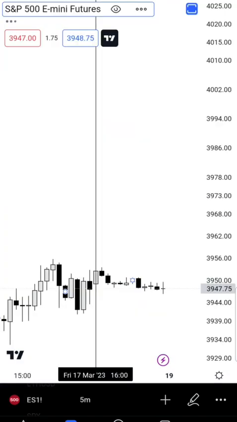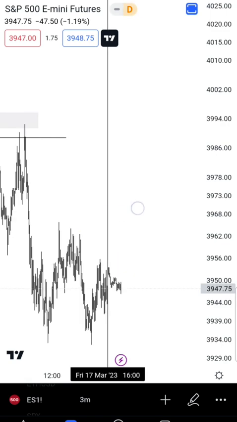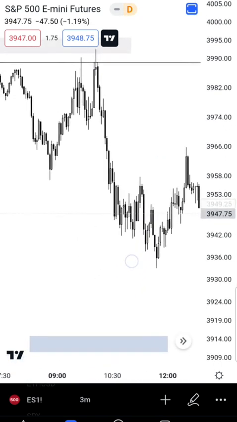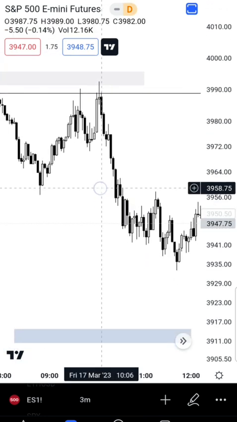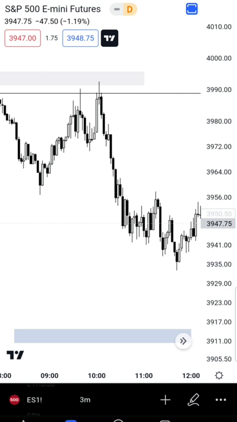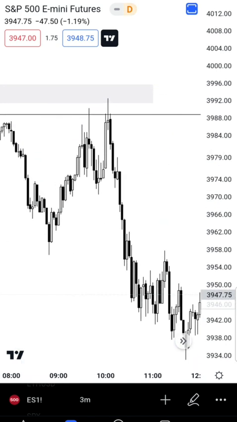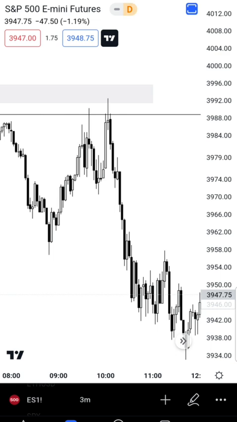So, as we can see, we go to the 3-minute time frame. All right. The time is New York kill zone. And we have right here the breaker, which is the black line, and we have the gap, which is the gray line. Now, we know that breakers stop gaps from filling in, right?